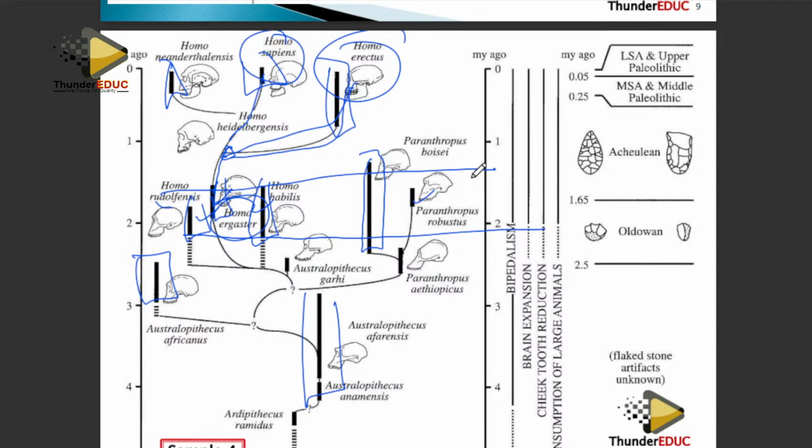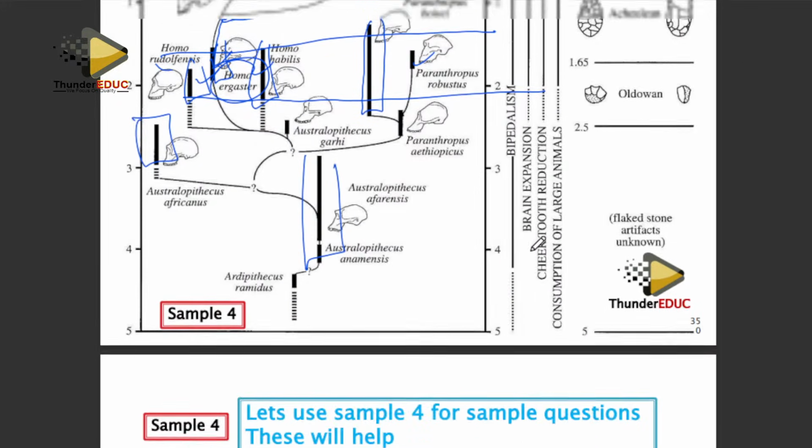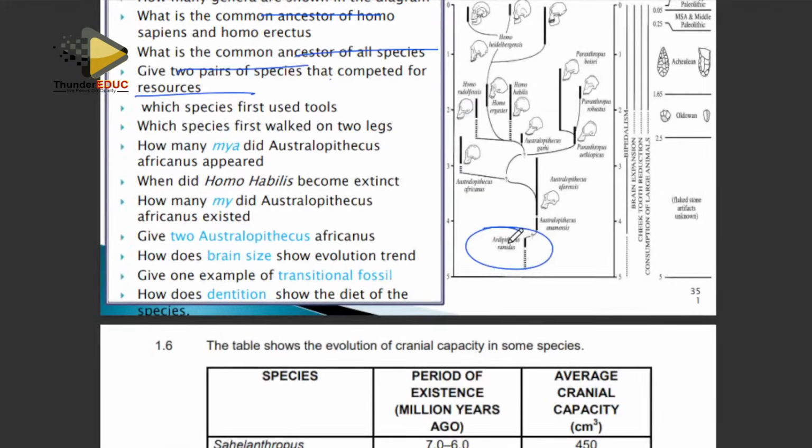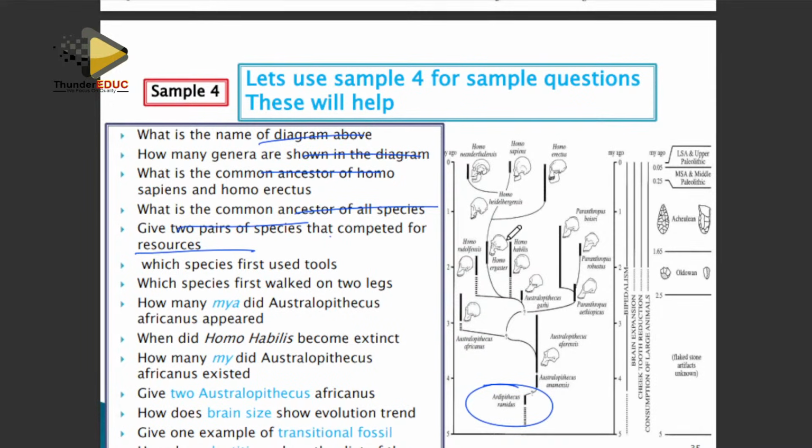All right, we continue to the next question. Guys, they are saying that I said this is a pedigree for this question. It's a phylogenetic tree. Yes. Thank you so much.